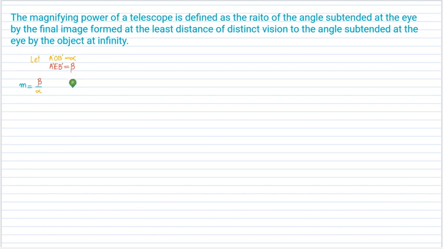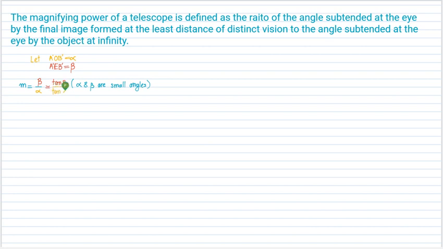Since alpha and beta are very small angles, I can write beta approximately equal to tan beta, and alpha as tan alpha.